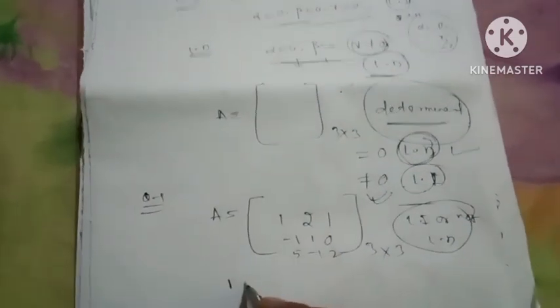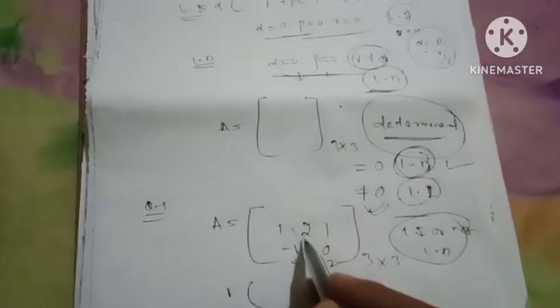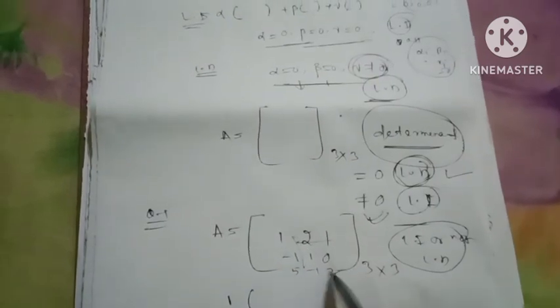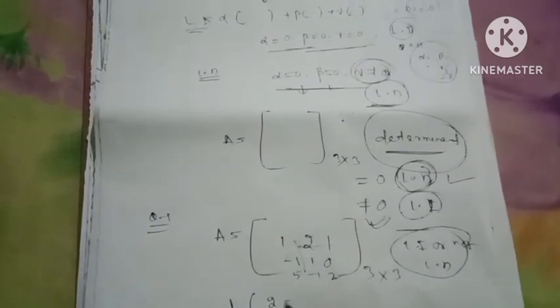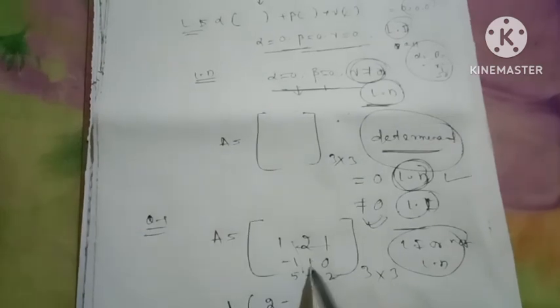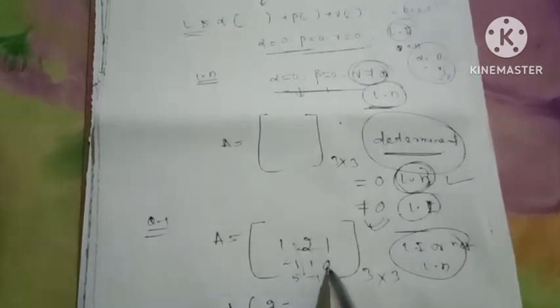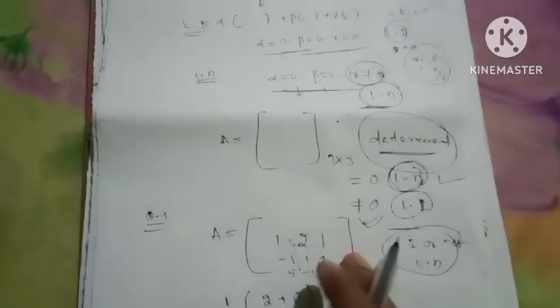The determinant will be 1 into this, this will be cancelled and this will be cancelled: 2 into 1 will be 2 minus 2 into 1 will be 2 and minus 1 into 0 will be 0. This is plus and this is plus 2, so 2 cancels.